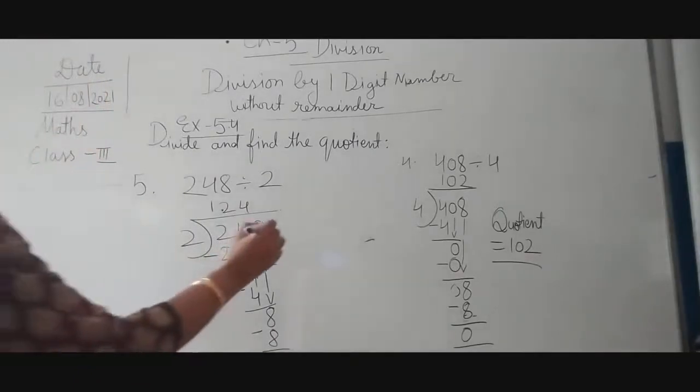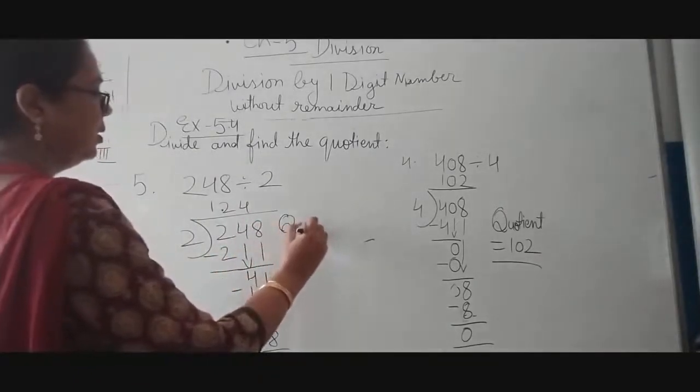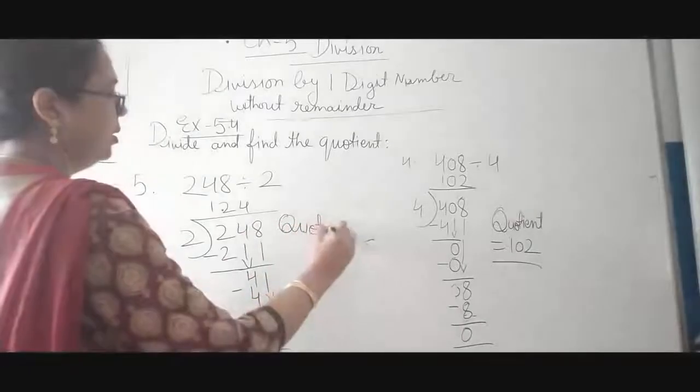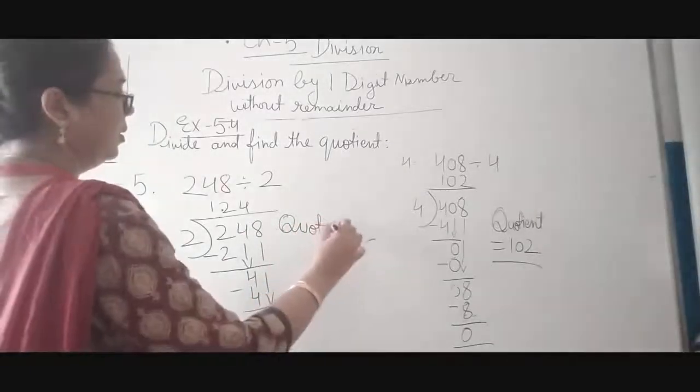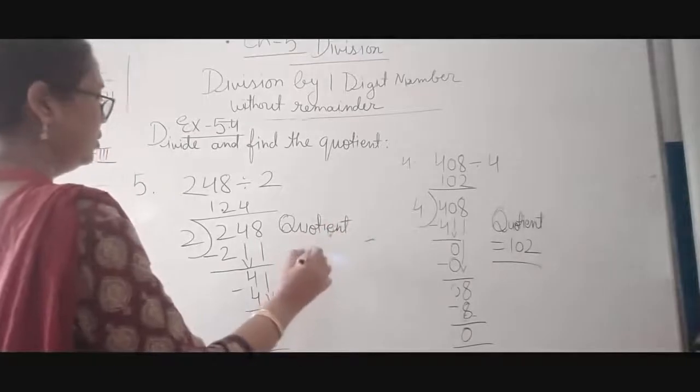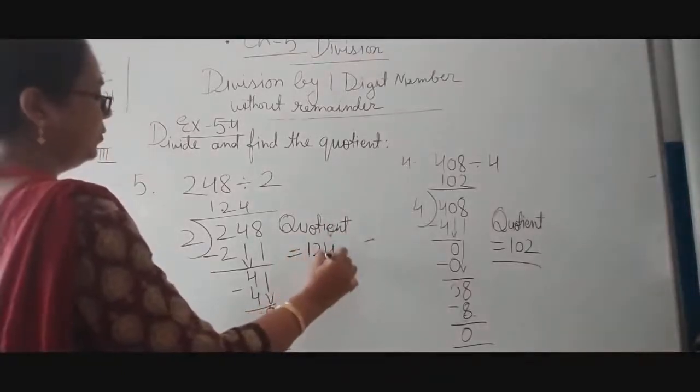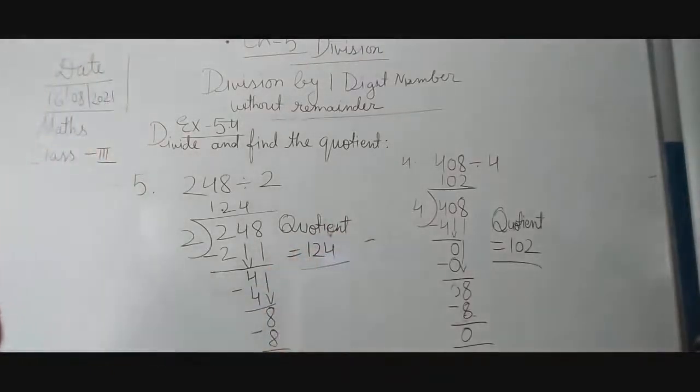So here the quotient is, quotient equal to 124. So 124 is the answer. Completed children. Number 5 we have done.